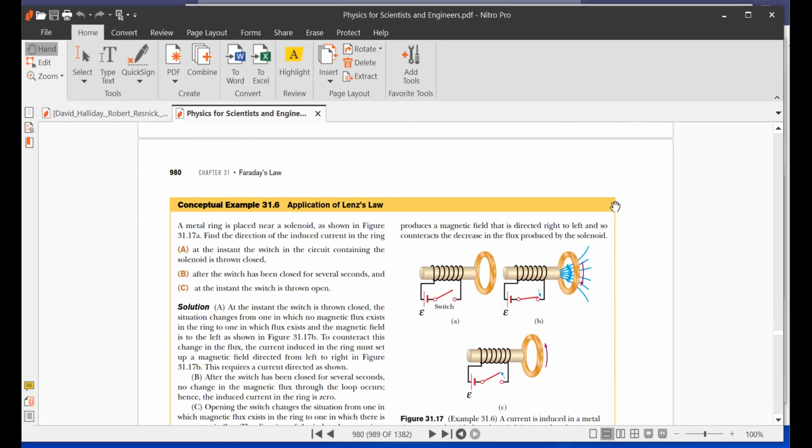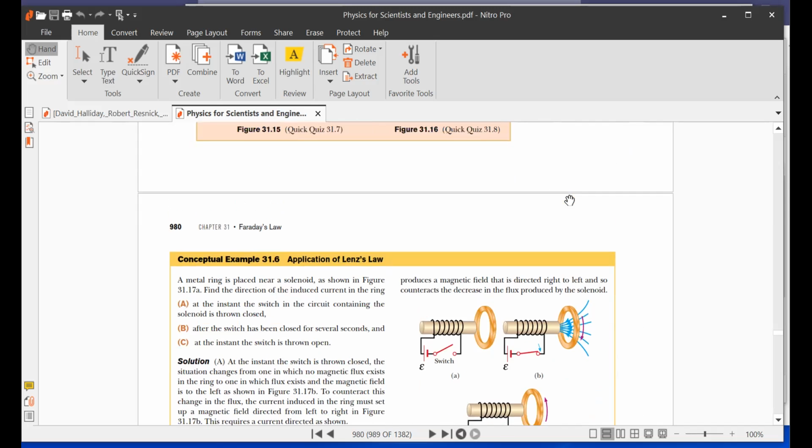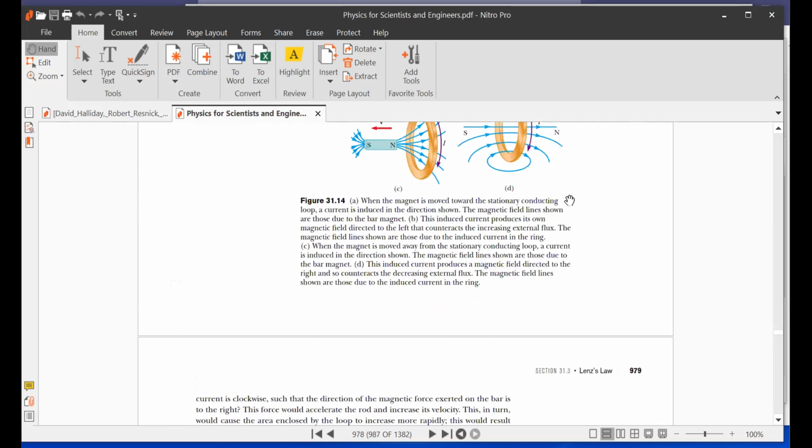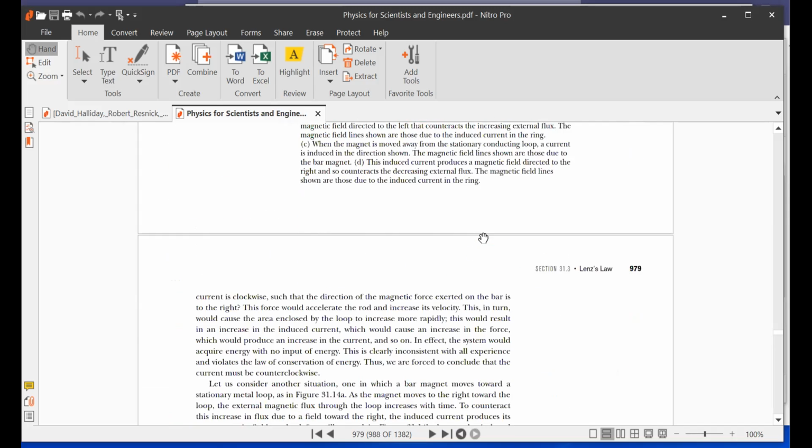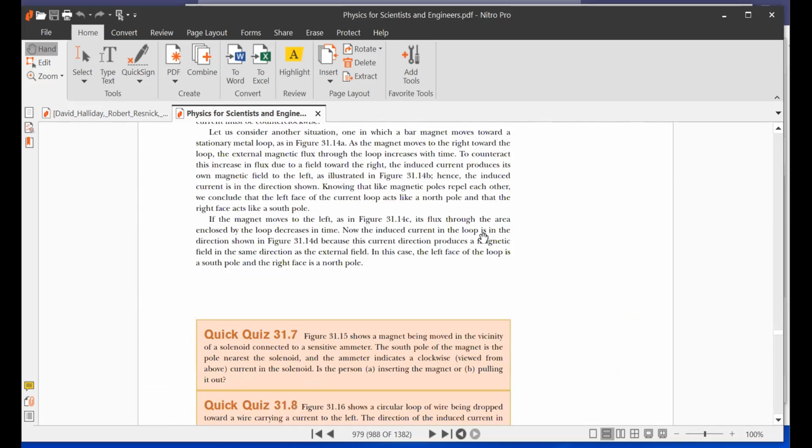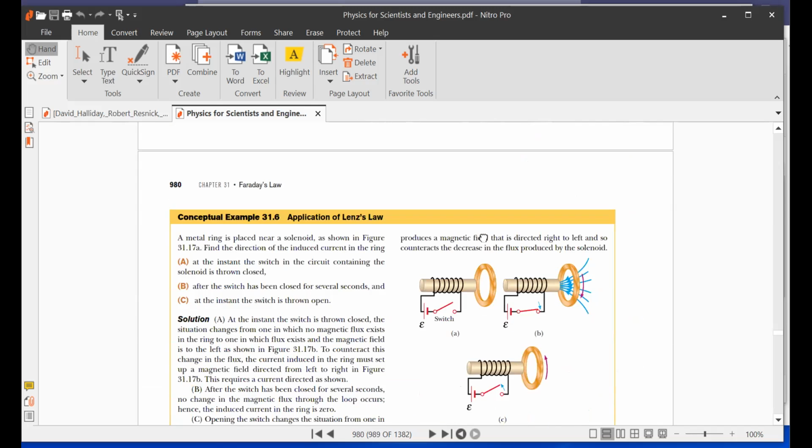So we could also make the above example by using this one. Somehow we have a switch here, switch off and switch on.